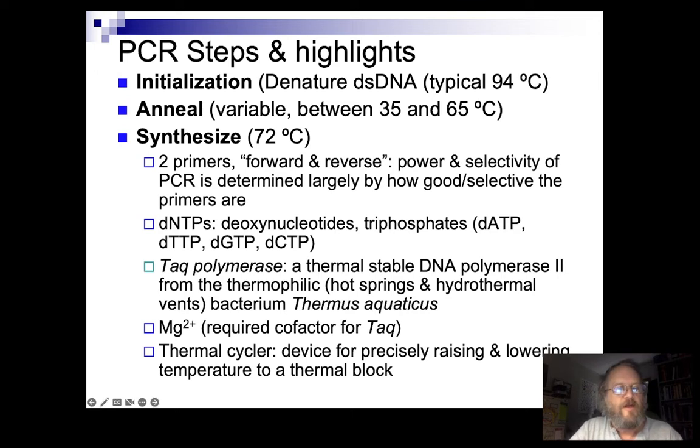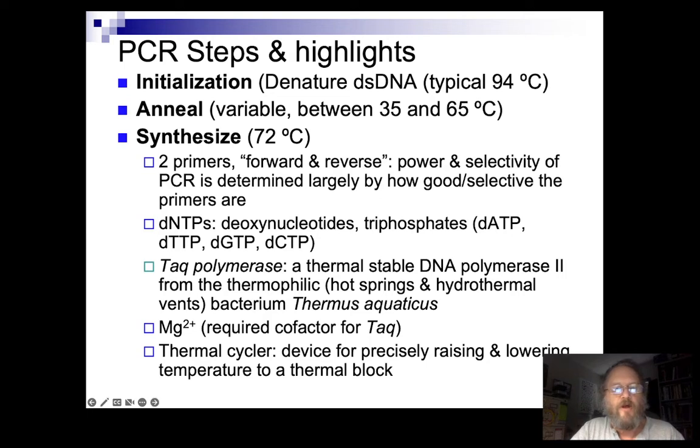And then the third phase is, of course, to make copies. So we warm it back up. 72 degrees is the temperature the Taq polymerase likes, Taq and its variants. And this is where the nuts and bolts of PCR, making copies of your DNA, are carried out.